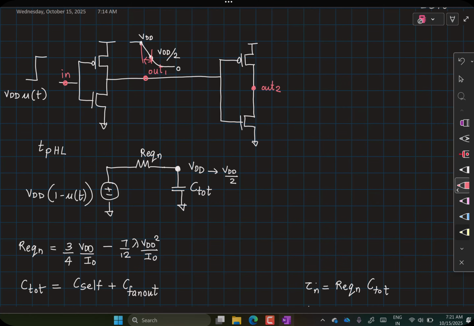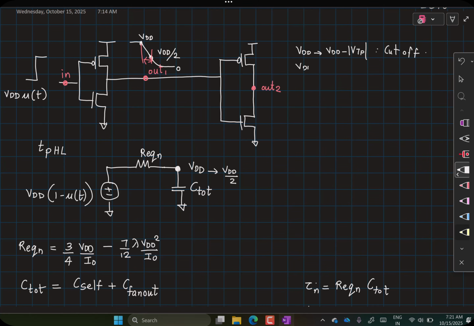So the question was the following: when your output here is going from VDD to VDD by 2, let's look at the region of this PMOS transistor. You will see that from VDD till VDD minus mod VTP, the PMOS transistor is going to be in cutoff.